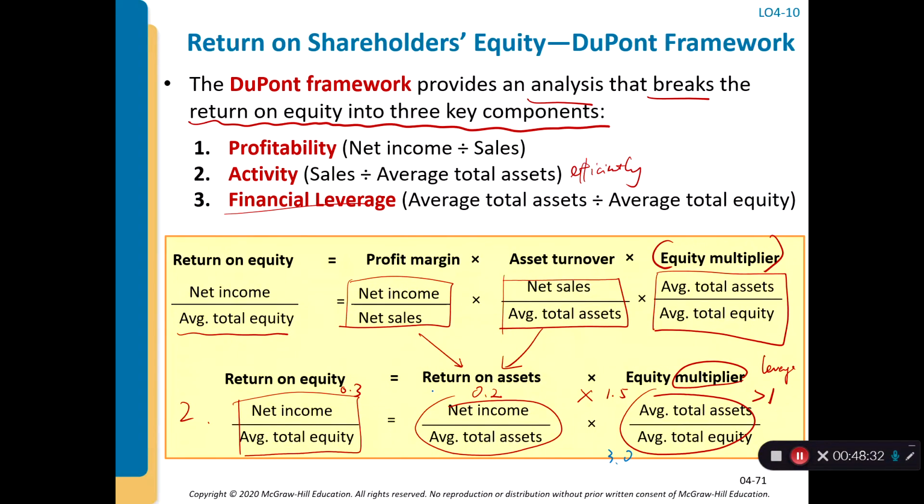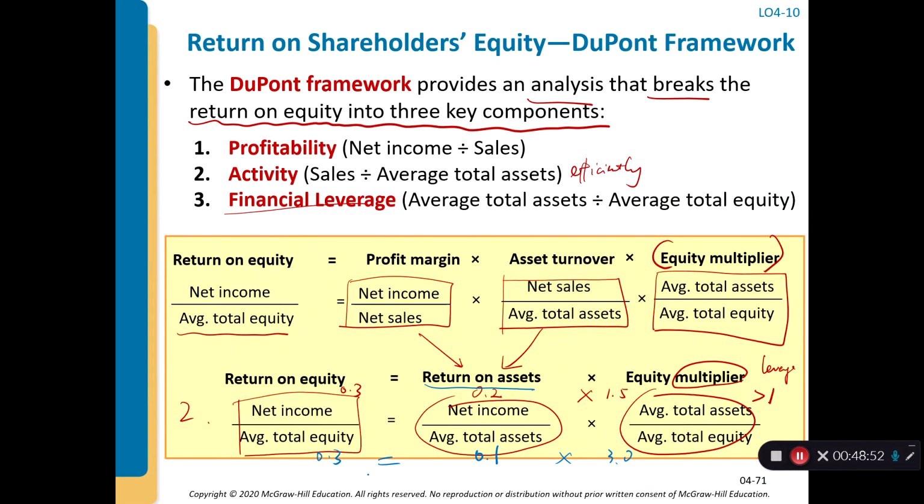So therefore, it will cause the return on assets to drop, say from 0.2 to 0.1, because net income decreases with the higher interest expense. Hence after this calculation, the return on equity is still 0.3.